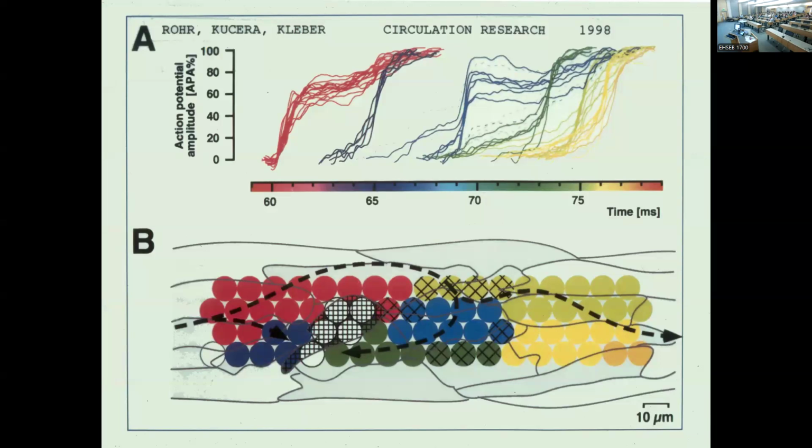And to show you a correspondence to experiment, this is sort of a one-dimensional, although there are many cells on each cross section, but still it's an elongated cylindrical type. This experimental system was developed in Andre Kleber's lab together with Stefan Rohr and Jan Kuchar.